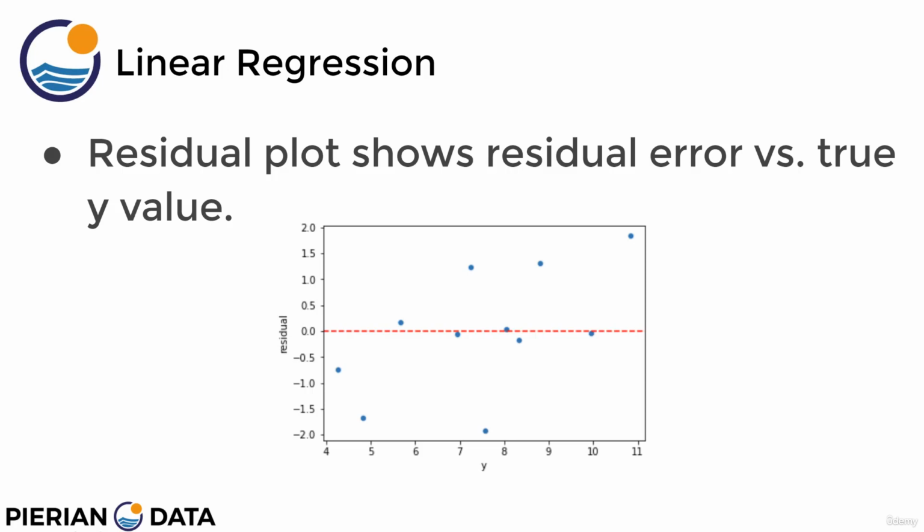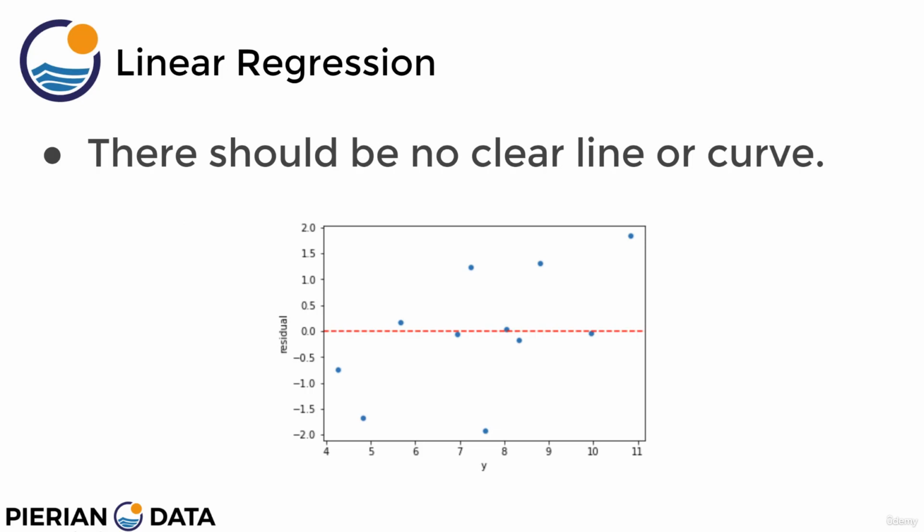So if I had a perfect fit and I was hitting every single data point and there were no errors, then I would expect all these blue points of the residual to be right on that red dotted line. But obviously, we're not going to have a real perfect fit for real-world datasets. But if I know that I'm more or less hitting a dataset and overshooting some of them, undershooting others, then this actual residual plot should pretty much be random.